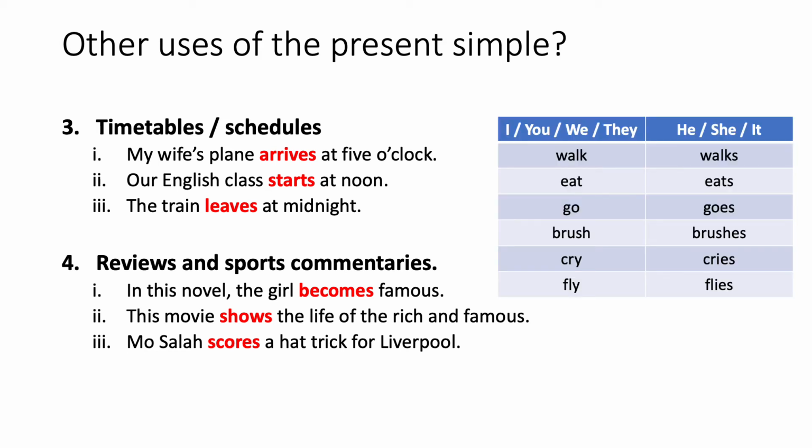To remind you guys, let's look at this table again. V1 is the base form of the verb. We use it with the subject I, you, we, they, or any other plural nouns. And we use the V-s or -es form when the subject is he, she, it, or any other singular nouns.